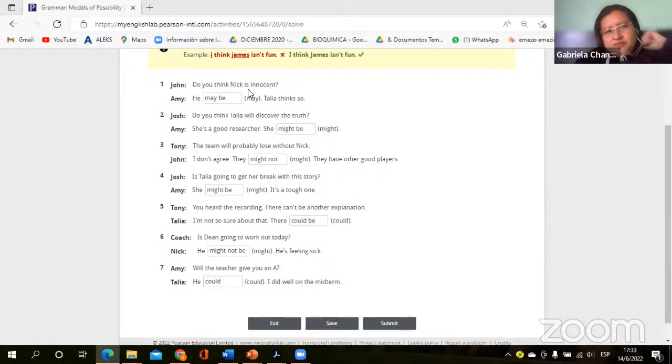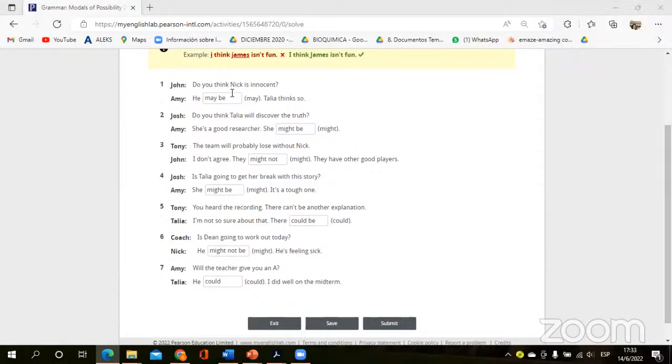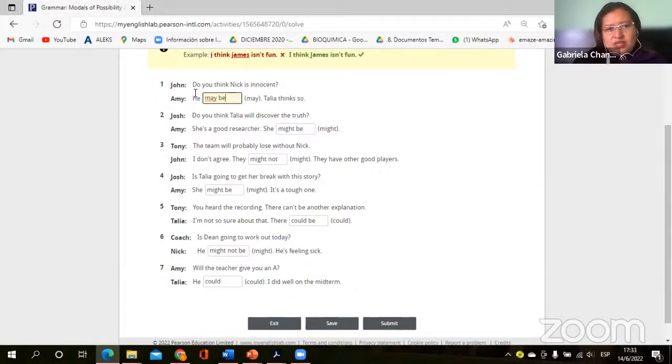Lore, I have a question. Please. The answers in these sentences are only the possibility may or might, or can I put the verb in base form as complement?